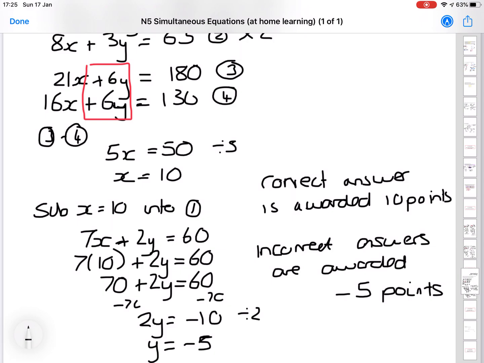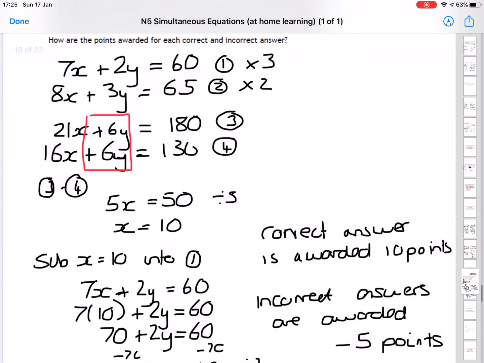So we've answered the question, and it's in the context of the question, which was points for correct answers and incorrect answers. And remember as well, you can double check with equation 2 if you have time at the end.